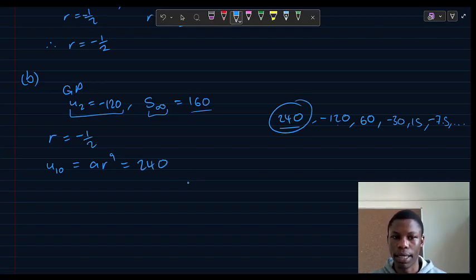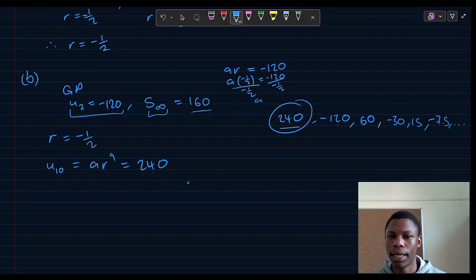The way you'd get that is to say that your second term, from the nth term formula, is ar, and that's equal to -120. We know what r is. a times -1/2 is -120. Divide both sides by -1/2, and you get that a has to be 240.